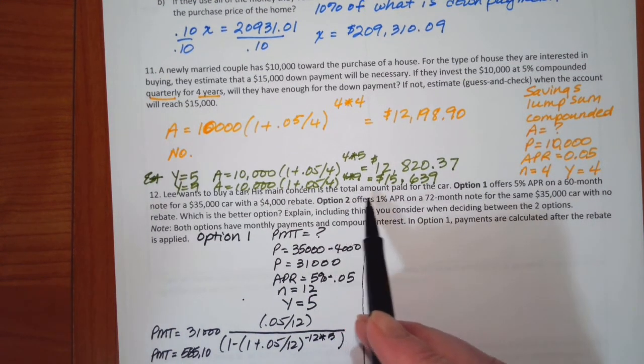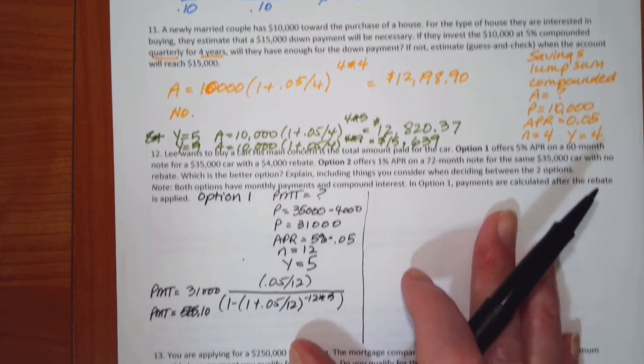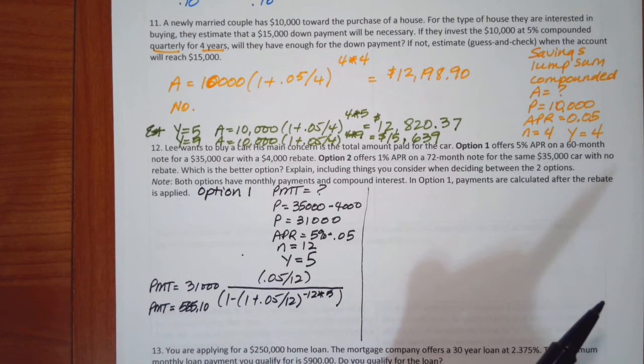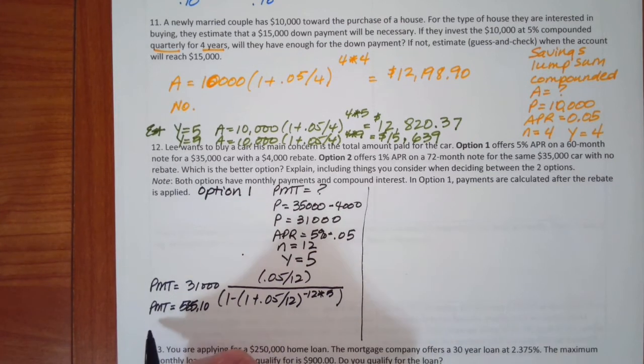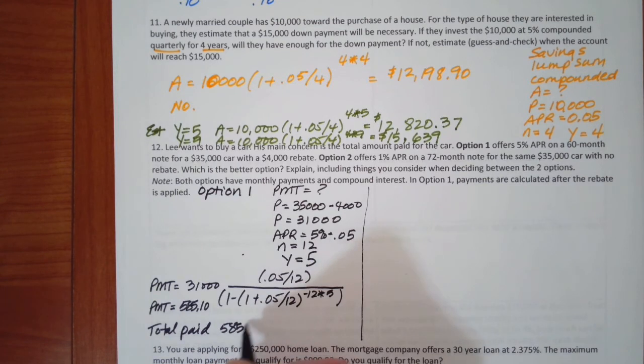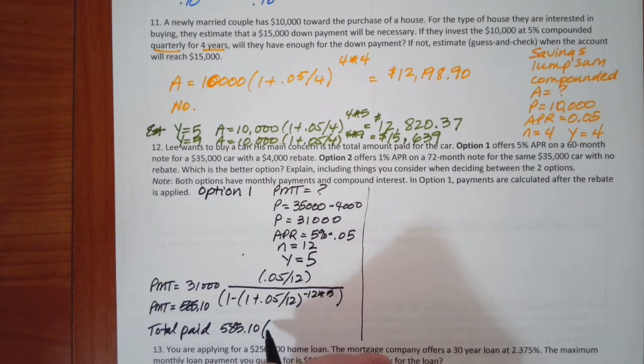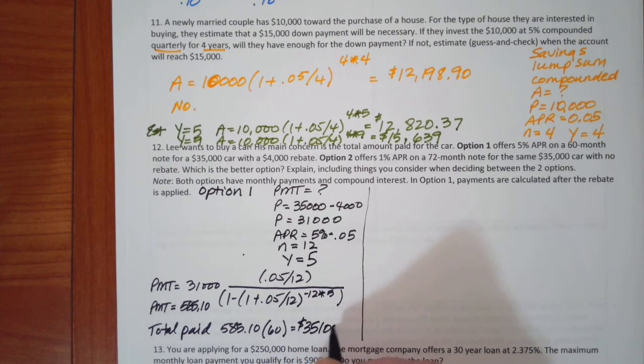But he is concerned about the total amount paid for the car. So the total paid is $585.10 times the 60 payments, which is $35,100.